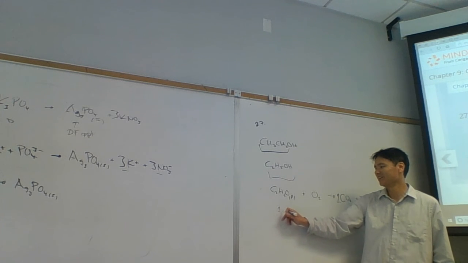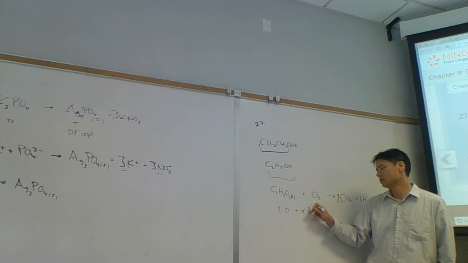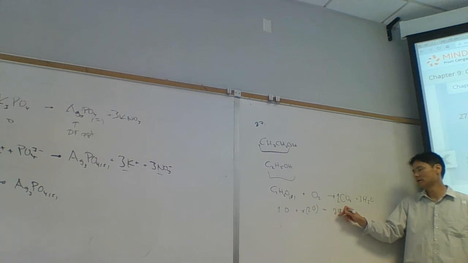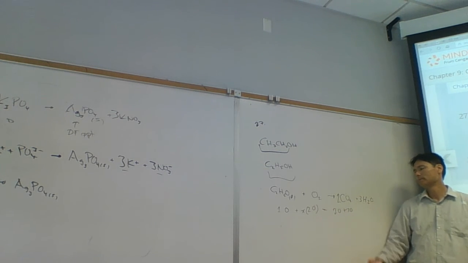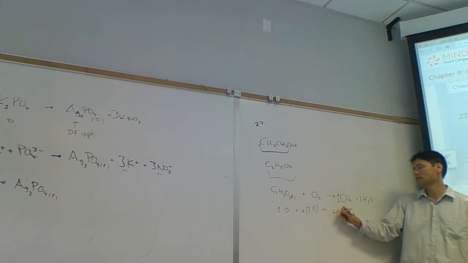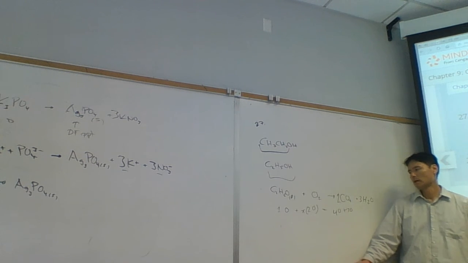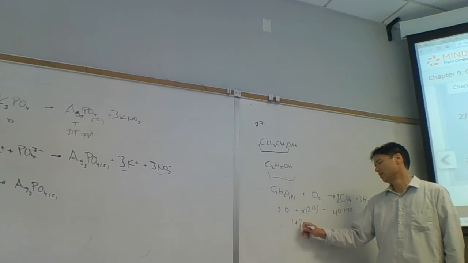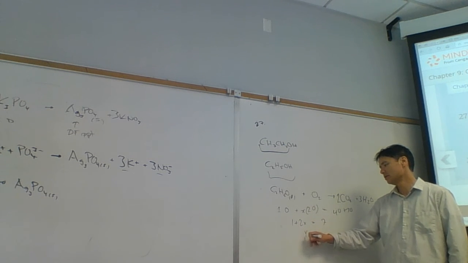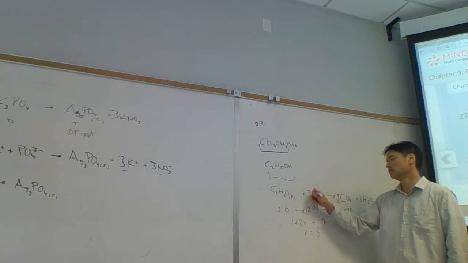So I have 1 oxygen over here, plus x times 2 oxygens, is equal to 4 oxygens plus 3 oxygens. So 1 plus 2x is equal to 7, and therefore x is equal to 3.